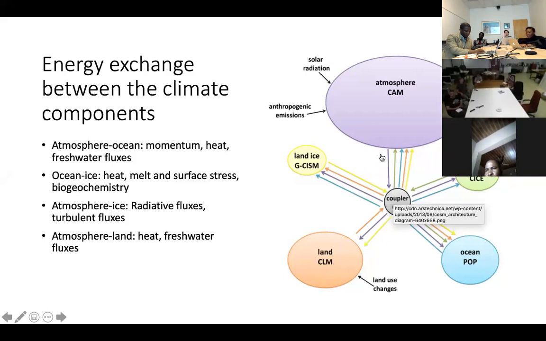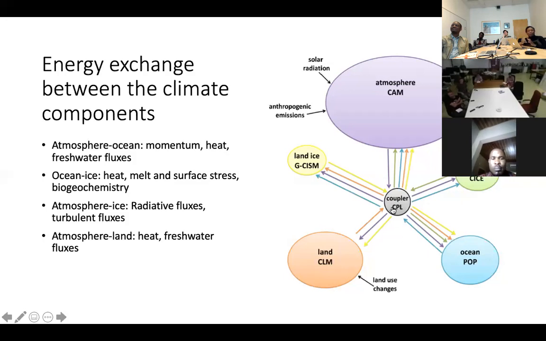You can see in this schematic the atmosphere model, in I think purple. It passes variables to the coupler, where the coupler computes the necessary fluxes that will be exchanged.